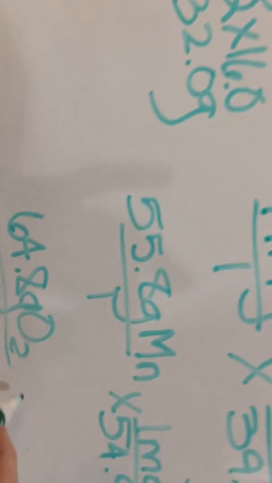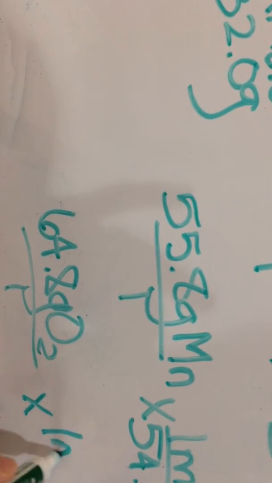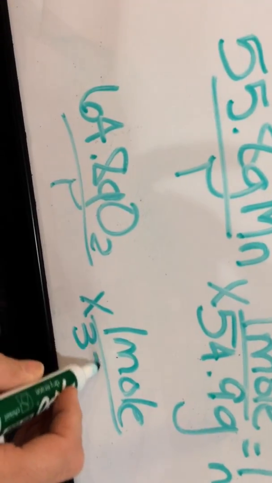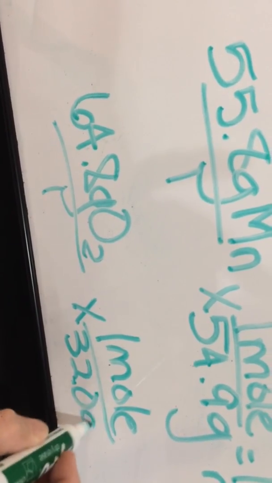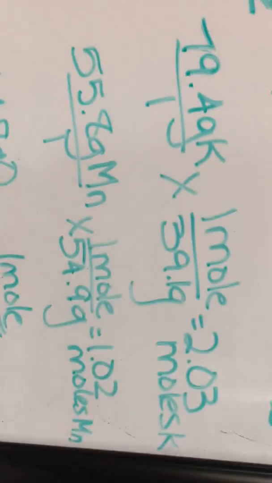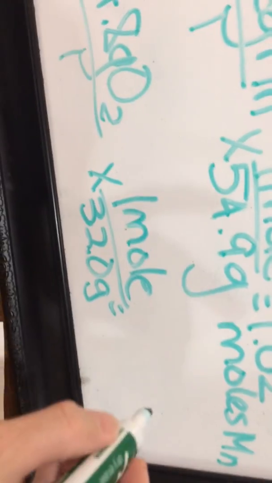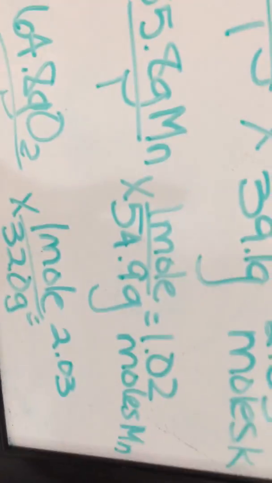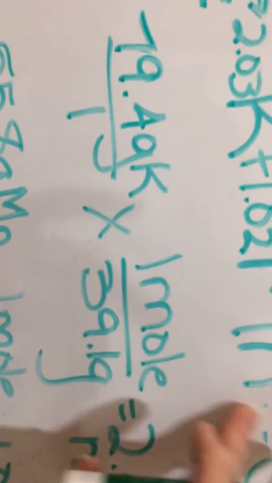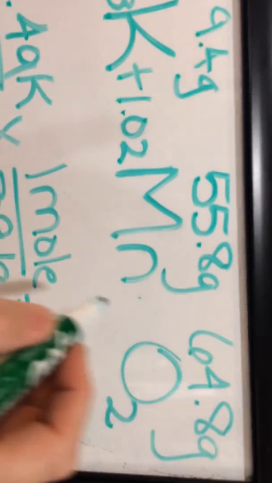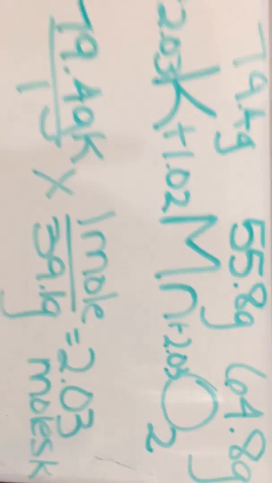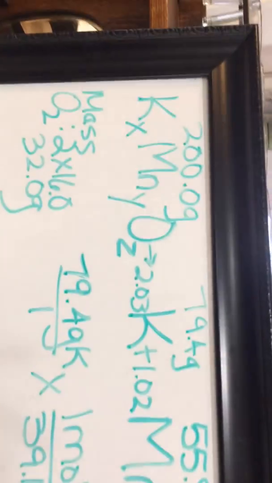So over here, 1 mole is going to be 32.0 grams. Again, I need 3 significant figures, and so I have 2.03 moles of oxygen. And so I'm going to write that up here. Sorry, I know this is awful.